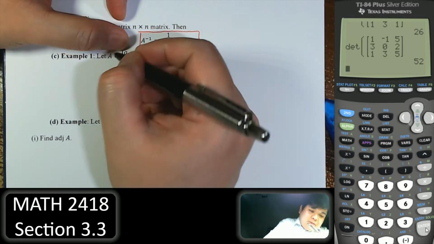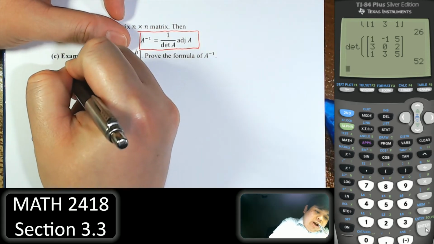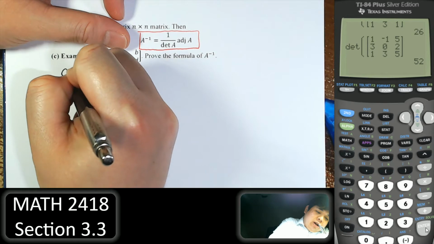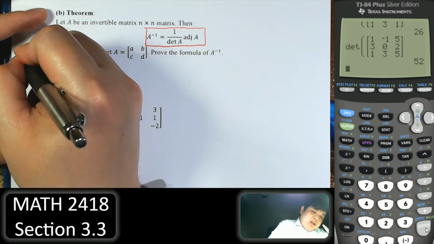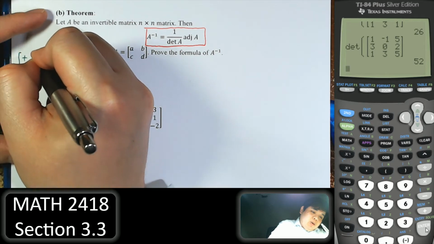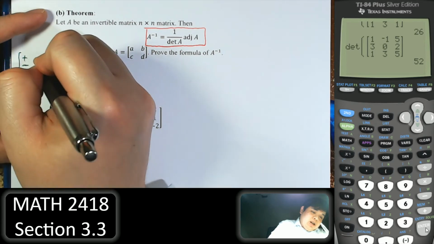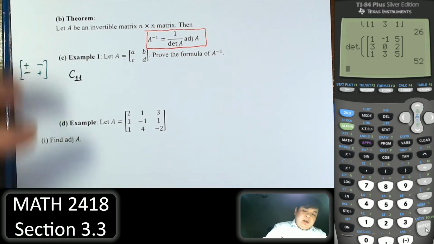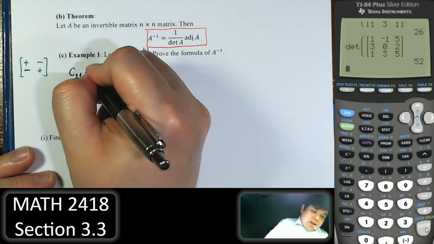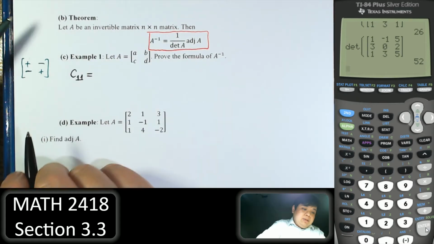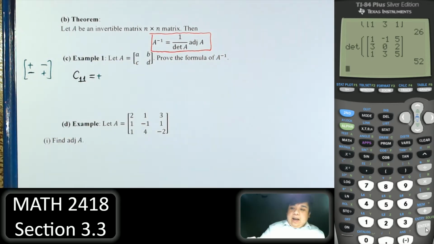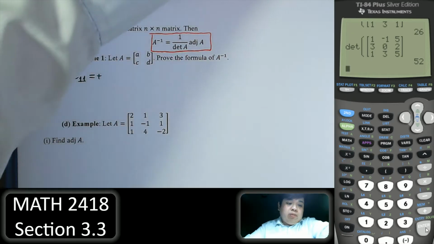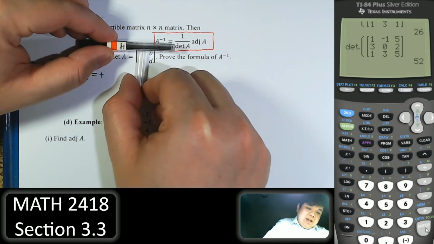First we write all the cofactors. By the way, for the cofactor we have to consider the sign in the sign chart, starting from positive, and it will alternate the sign in every direction. So C11 is going to be positive, standing on the positive side. And we will cover the row and the column that contain the element A.